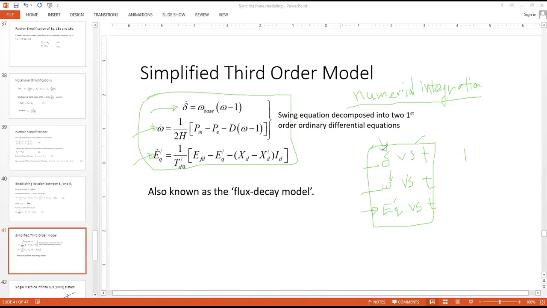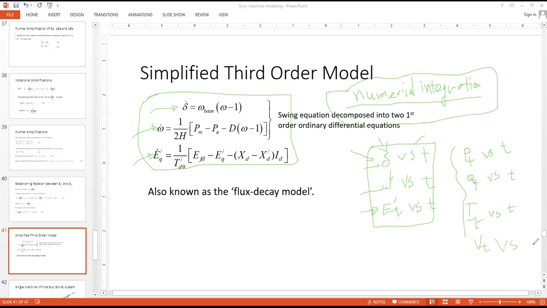For example, once we achieve delta versus time and EQ prime versus time, we will also be able to plot PT versus time, QT versus time, and other parameters of the network, such as IT, the current out of the generator, versus time, as well as VT versus time.